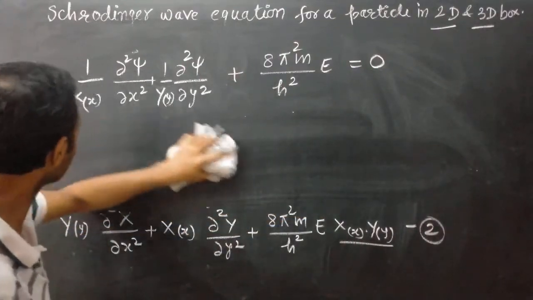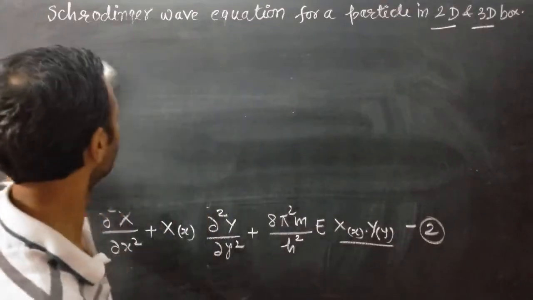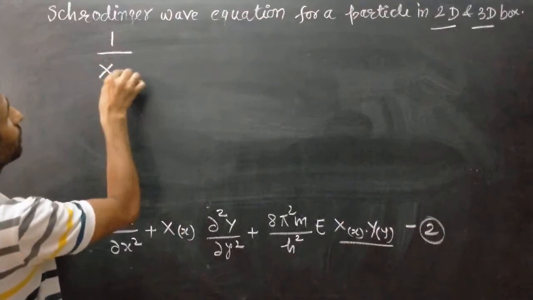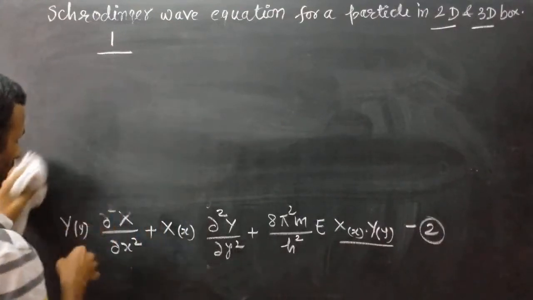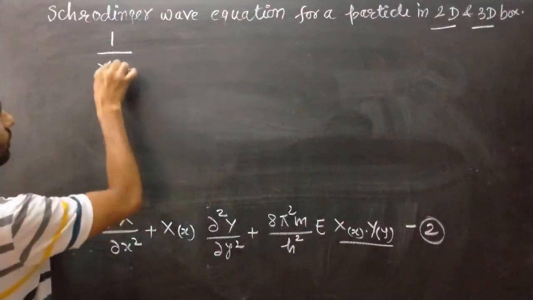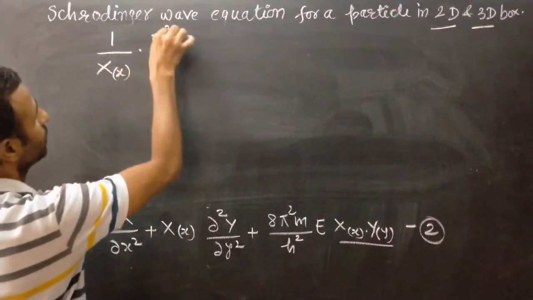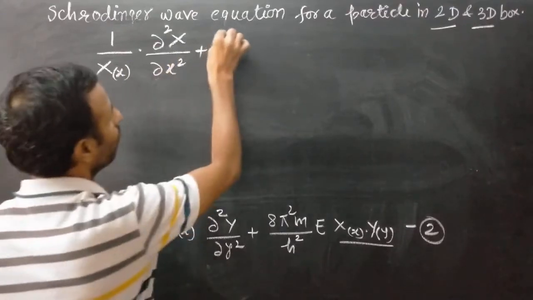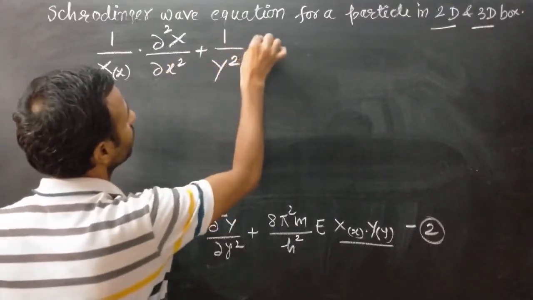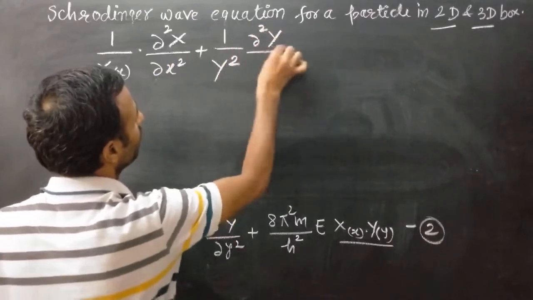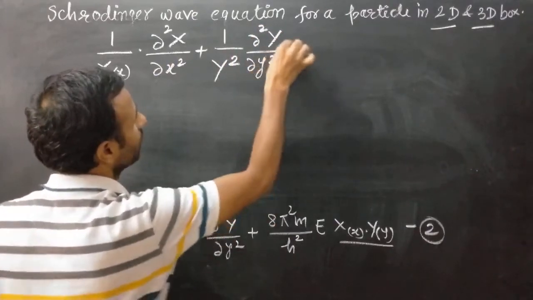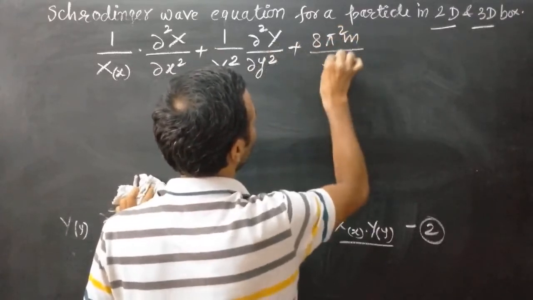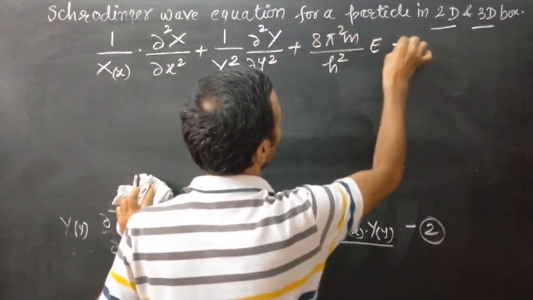Or if you would like to write it once again, it is 1 upon X into d square X over dx square plus 1 upon Y into d square Y over dy square plus 8 pi square m over h square E equal to 0.